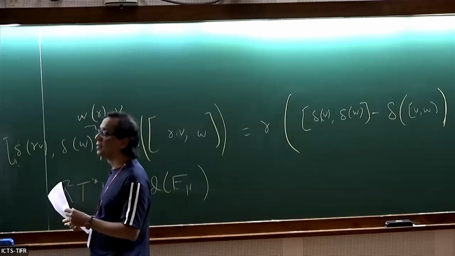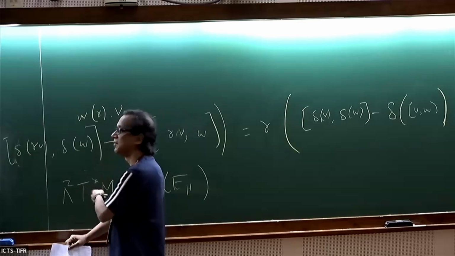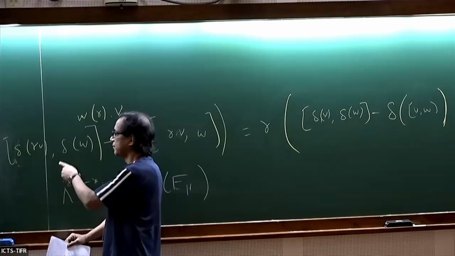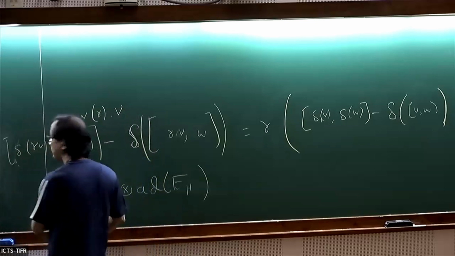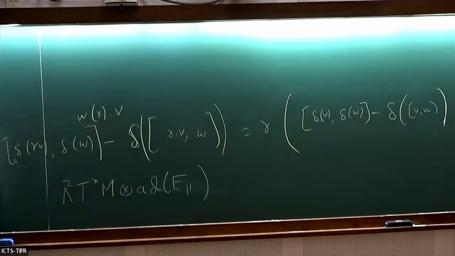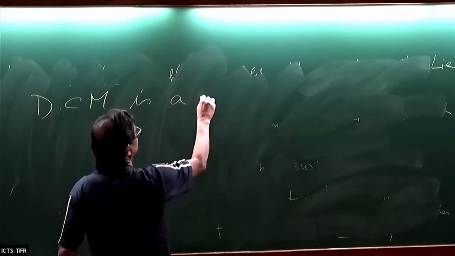And the connection delta is called flat or integrable if the curvature is 0, a section of this which is identically 0. So yeah. Suppose E inside M is a normal crossing divisor.